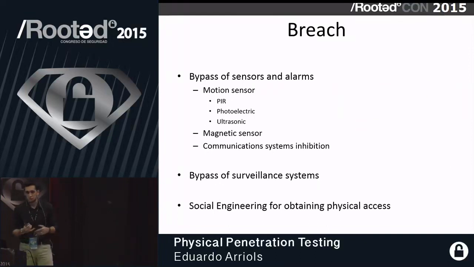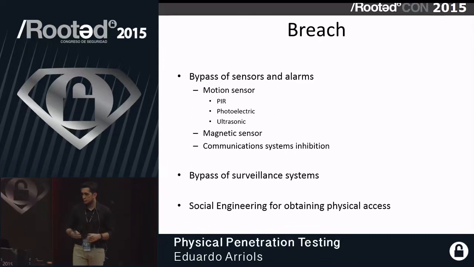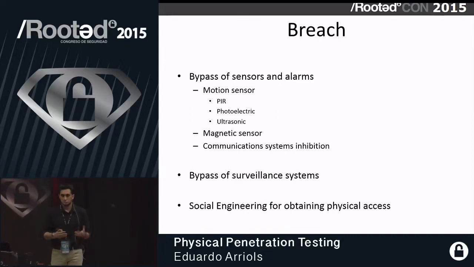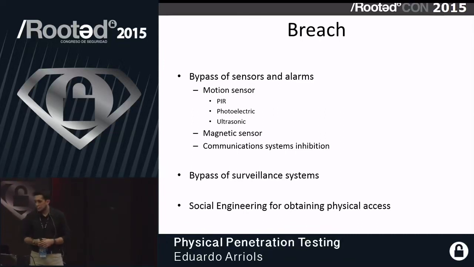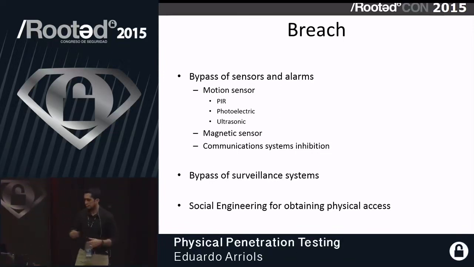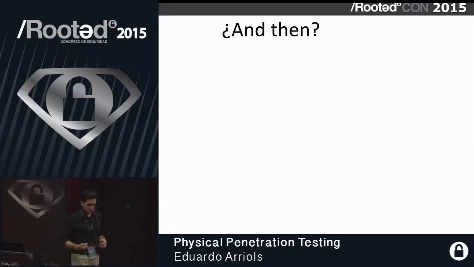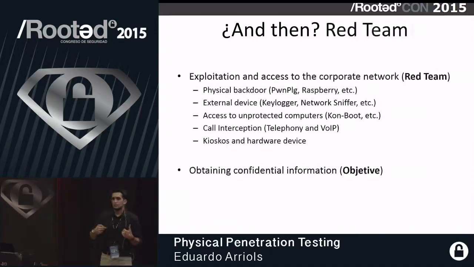And now, once you are in, you will find sensors and alarms. We have different types of sensors. Within motion sensors, we have the PIR, the passive infrared sensor, photoelectric ones, ultrasonic, magnetic ones, etc. And after all that, if you are doing a red team exercise, once you are in the physical environment, you can do all these and much more.